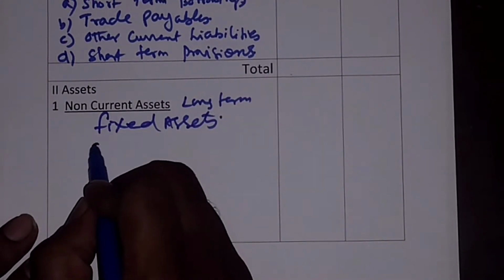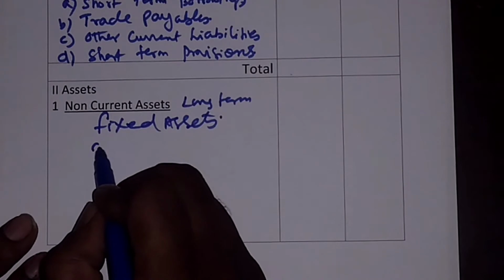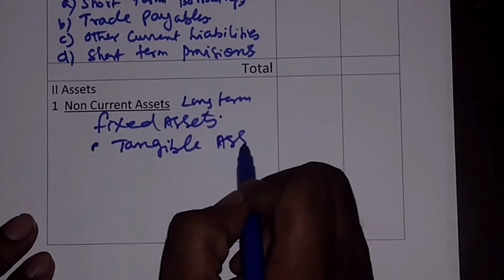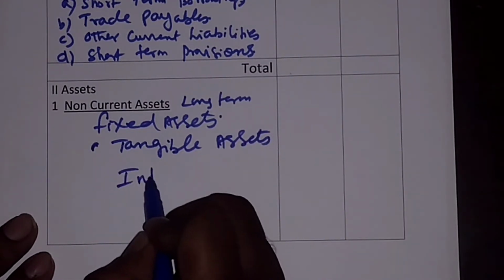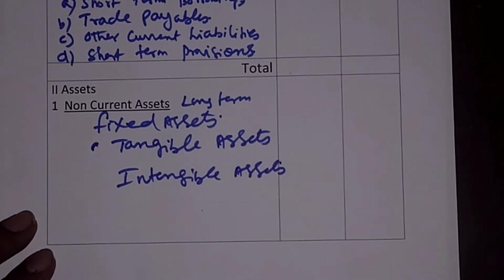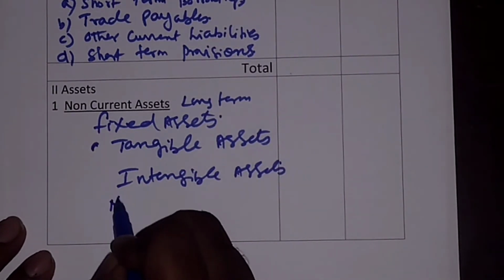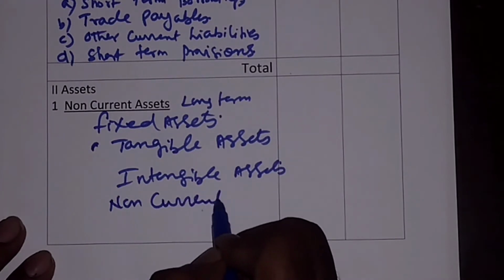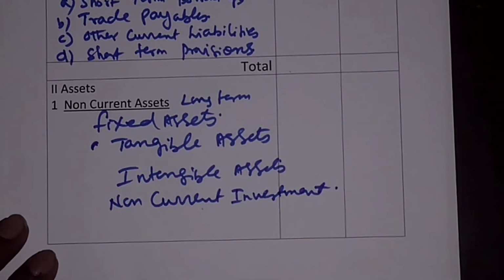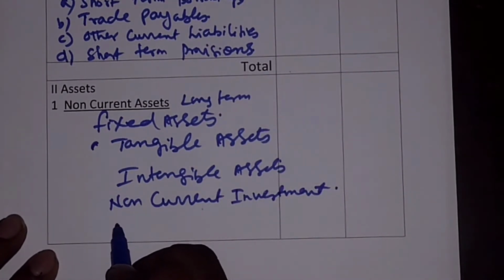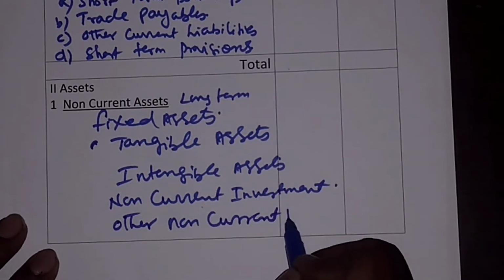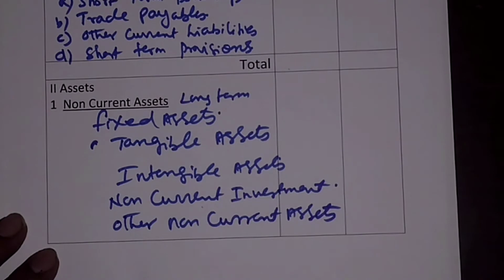These fixed assets are classified into tangible assets and intangible assets. After these, the next one is non-current investment, that is, investment for a long period of time, and another one is other non-current assets.